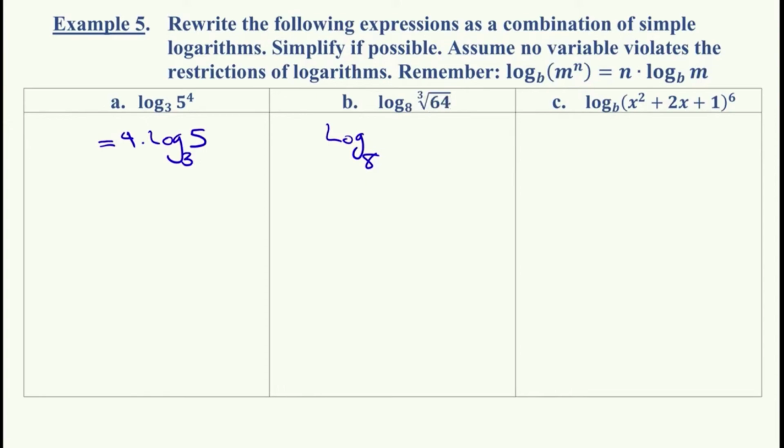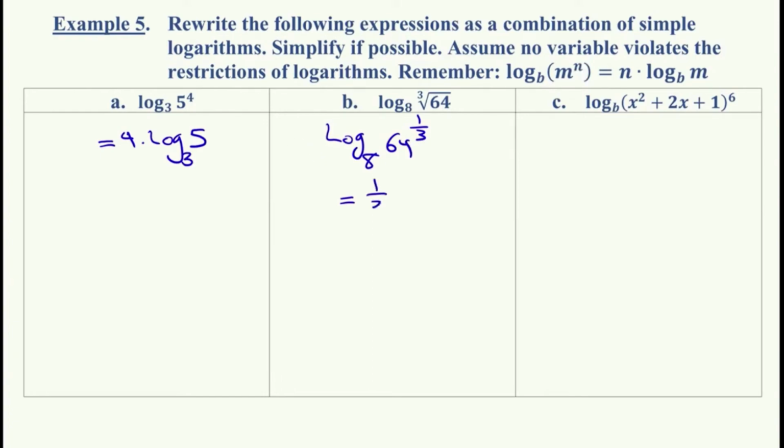So we can go ahead and write that as 64 to the power of 1/3, and this in turn we can simplify using the power rule, because now we know that we can bring the 1/3 over here and turn it into a factor.